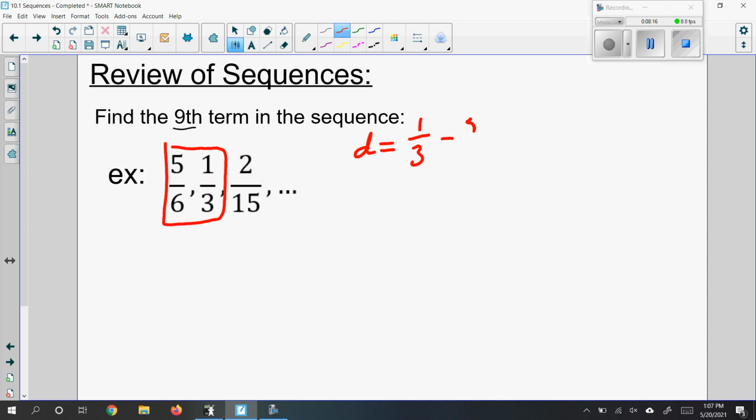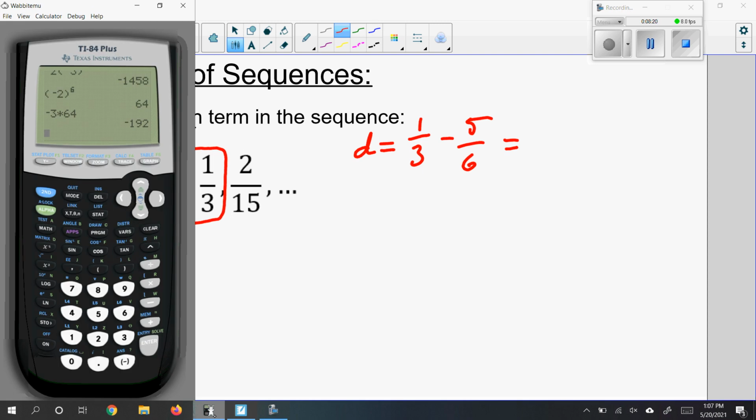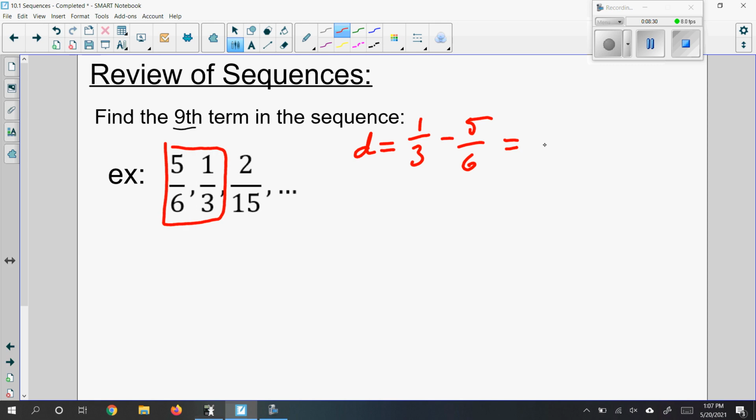So 1/3 minus 5/6 is negative 1/2. And now we'll try it again with the next two terms.